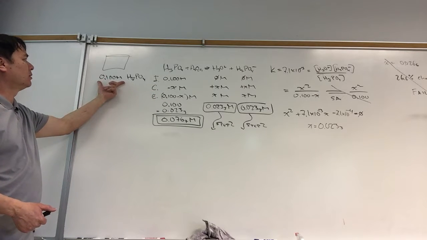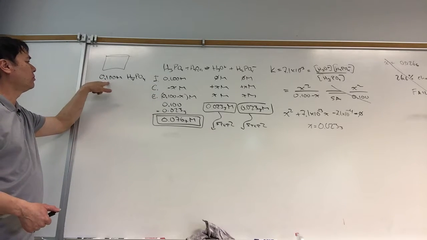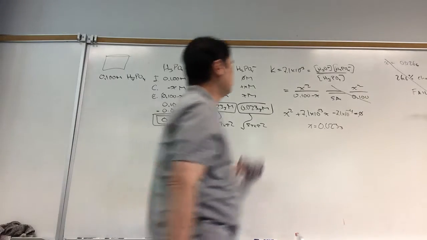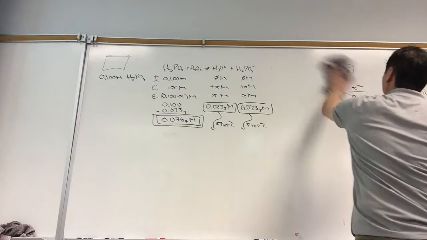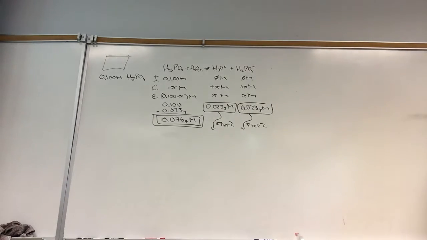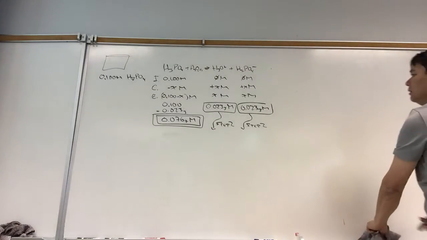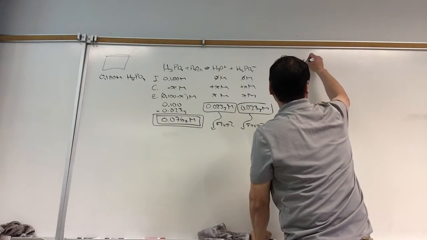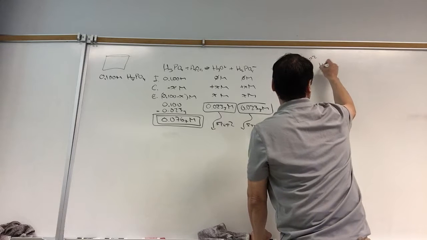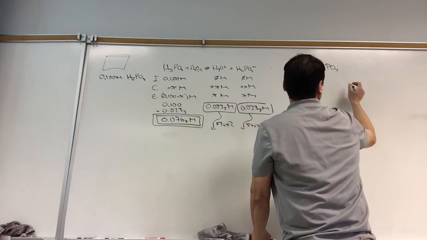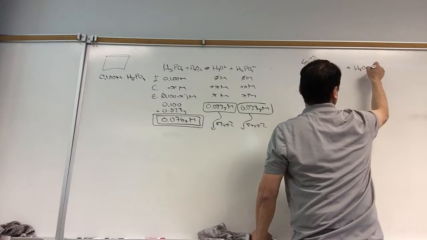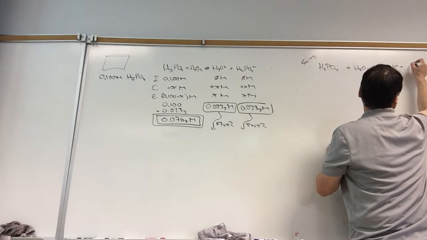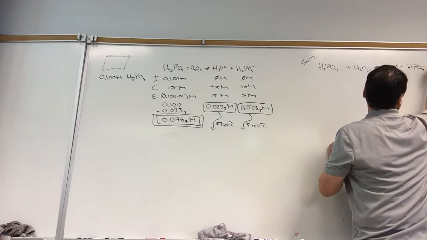In this beaker, we're going to have about 0.0767 molar phosphoric acid molecules. It's a dynamic equilibrium, with exchange processes occurring. Now when we go to step 2, it's the dihydrogen phosphate plus water going to hydronium plus monohydrogen phosphate.